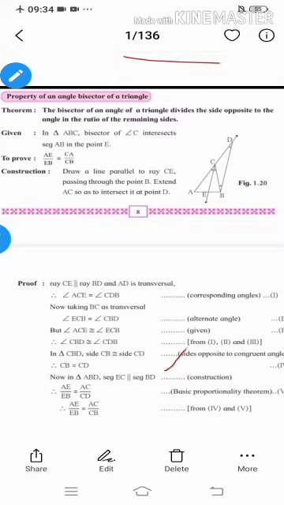For proving this theorem, we first write what is given.